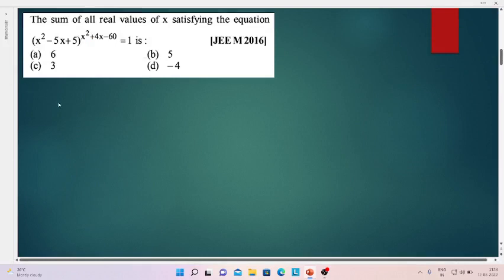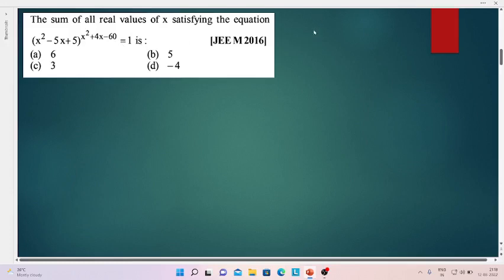This is also a very important question, and you will learn a lot of things from it. The question says: the sum of all real values of x satisfying the equation (x square minus 5x plus 5) to the power (x square plus 4x minus 60) equals 1, right?